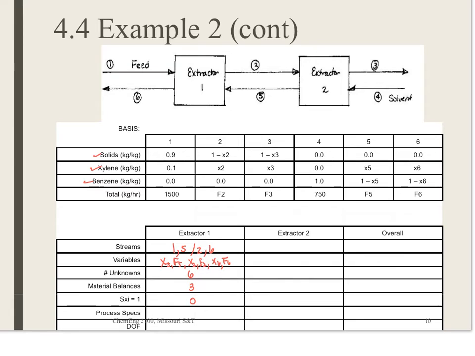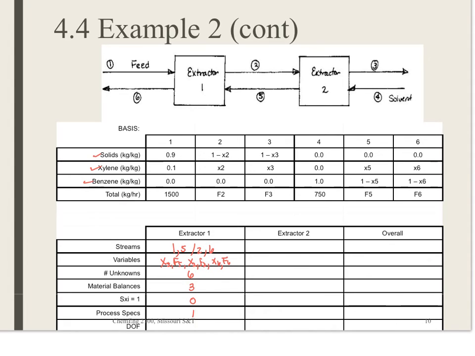I've already used those to define my variables up ahead. Now how about process specs? Well, the process spec was that somewhat confusing expression that we had about 10 times the xylene is recovered. Okay, so I have one for each extractor. So there is a process spec.